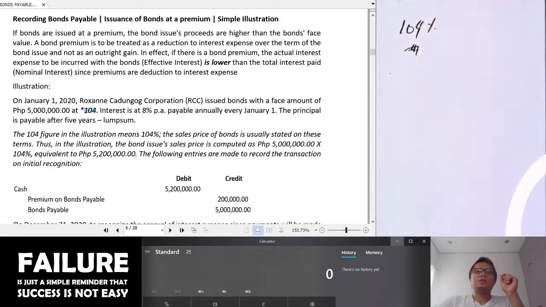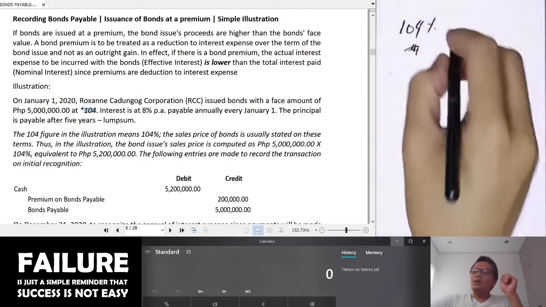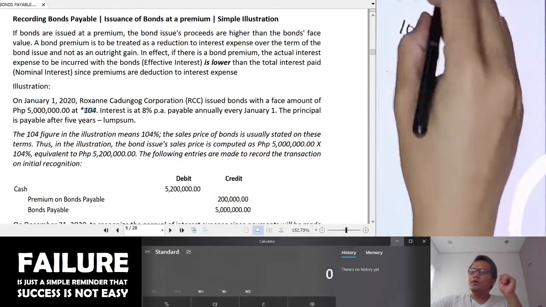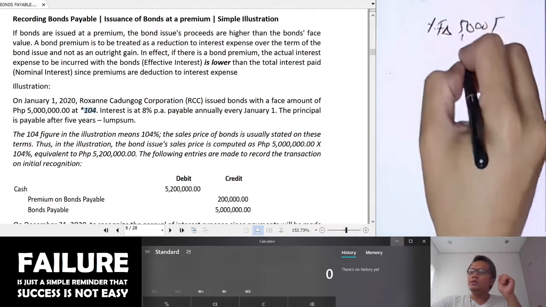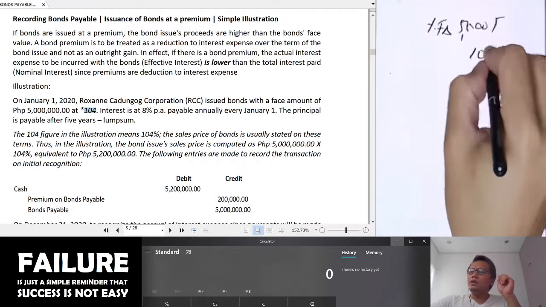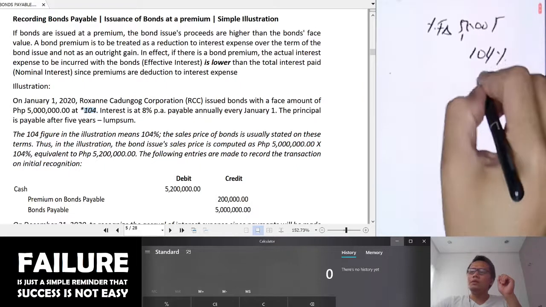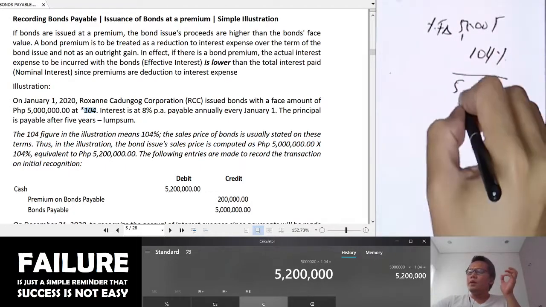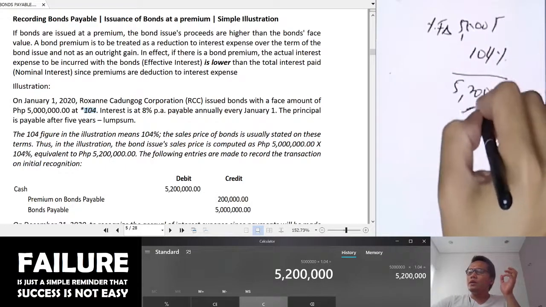So if we have a face amount of 5 million issued at 104, it was issued at 104%. The total issue price for this bond issuance is computed as 5 million times 104%, so that would be 5 million 200.